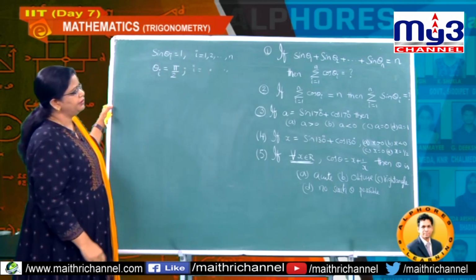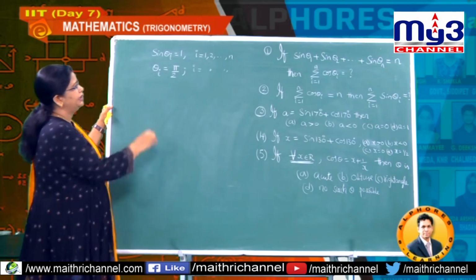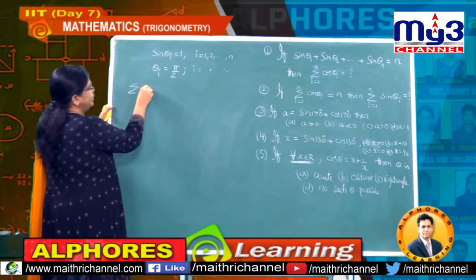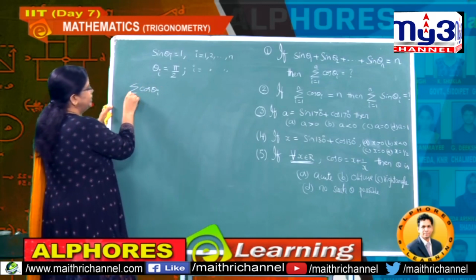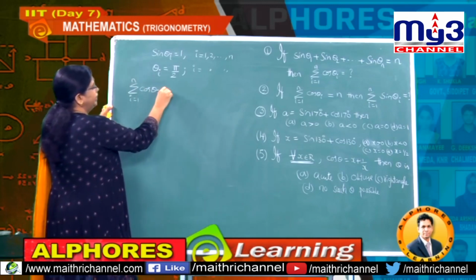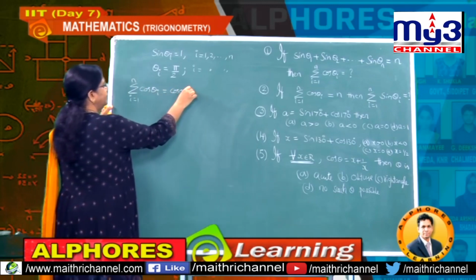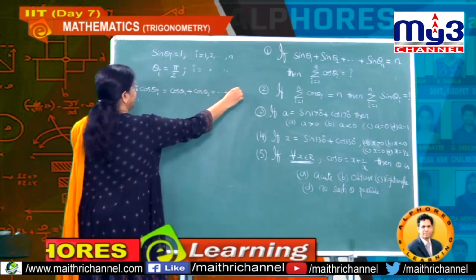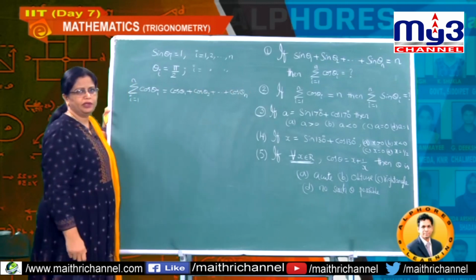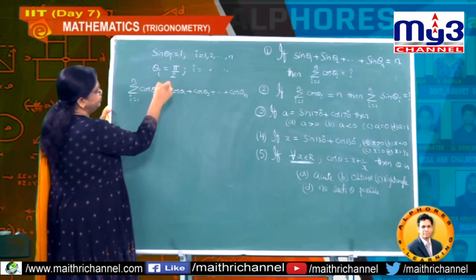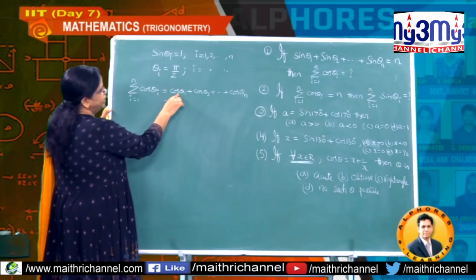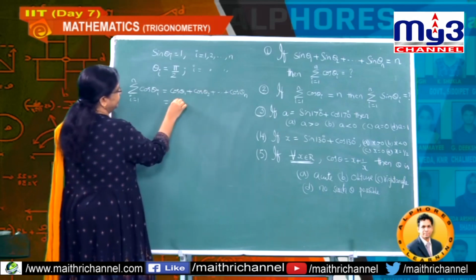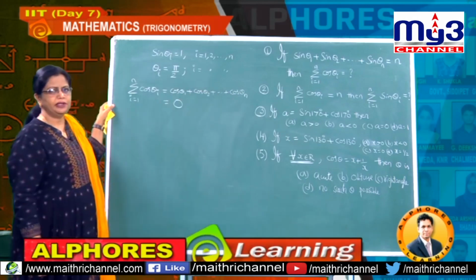Okay. Now they asked you about sigma cos theta i. So sigma cos theta i means i values they gave from 1 to n. Hence this is nothing but cos theta 1 plus cos theta 2 etc. plus cos theta n. And at this stage if I substitute each of the values, cos 90, cos 90, cos 90, like that, you will get how much finally? 0.